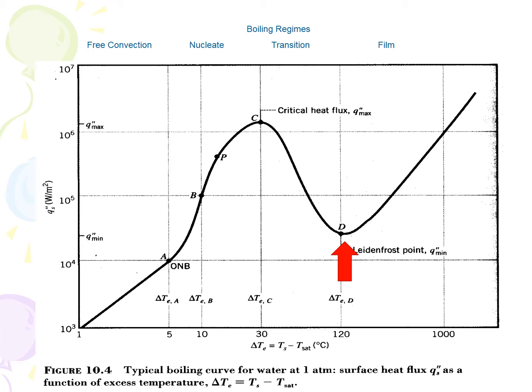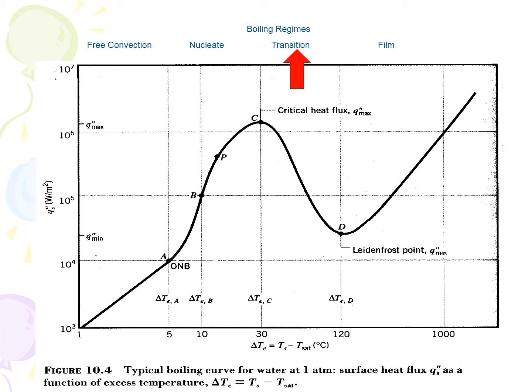From the critical heat flux to the Leidenfrost point, the vapor film covering the surface expands until the whole surface of the wire is covered by vapor and all water is driven off. This change resulted in the boiling regime being called the transition boiling regime. The heat flux decreases due to the lower heat transfer coefficient of the vapor compared to a high heat transfer coefficient for vigorously boiling water.